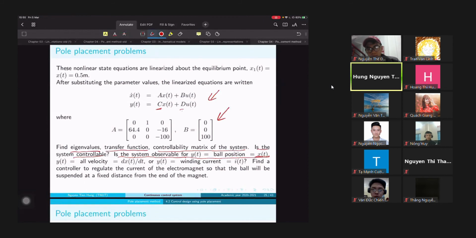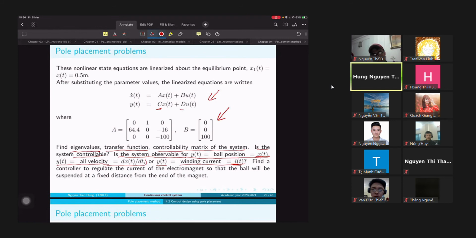If y is only x1, the ball position. And is the system observable if y is the velocity? And how about the situation when y is the winding current, or y is only x3?